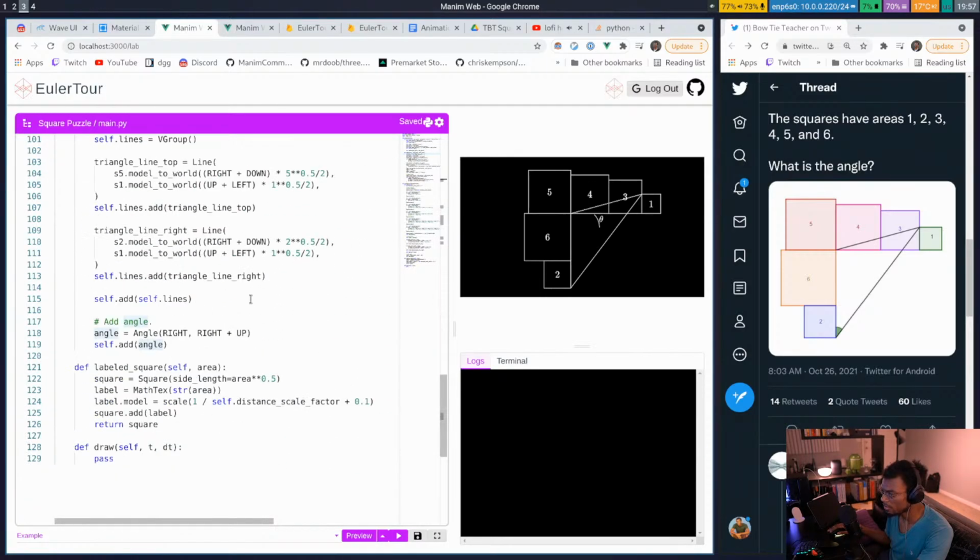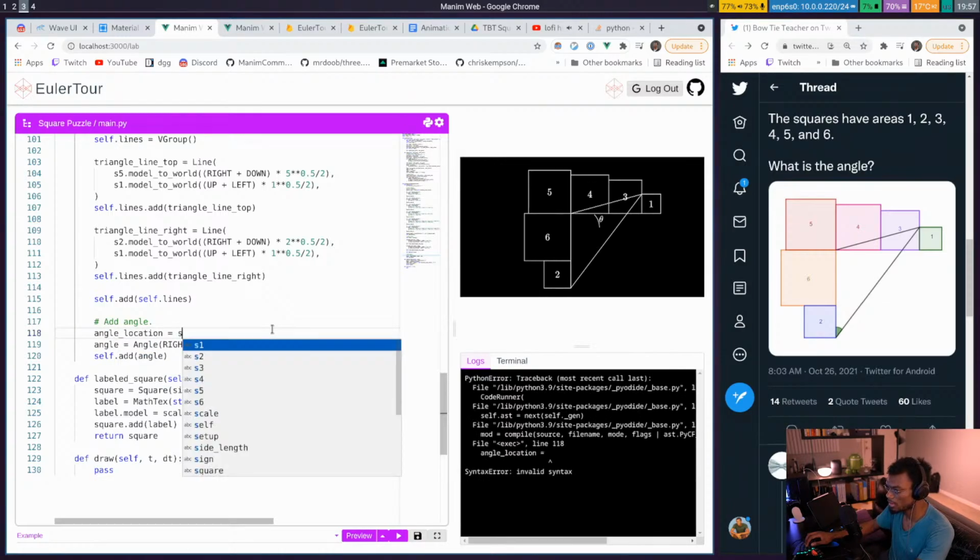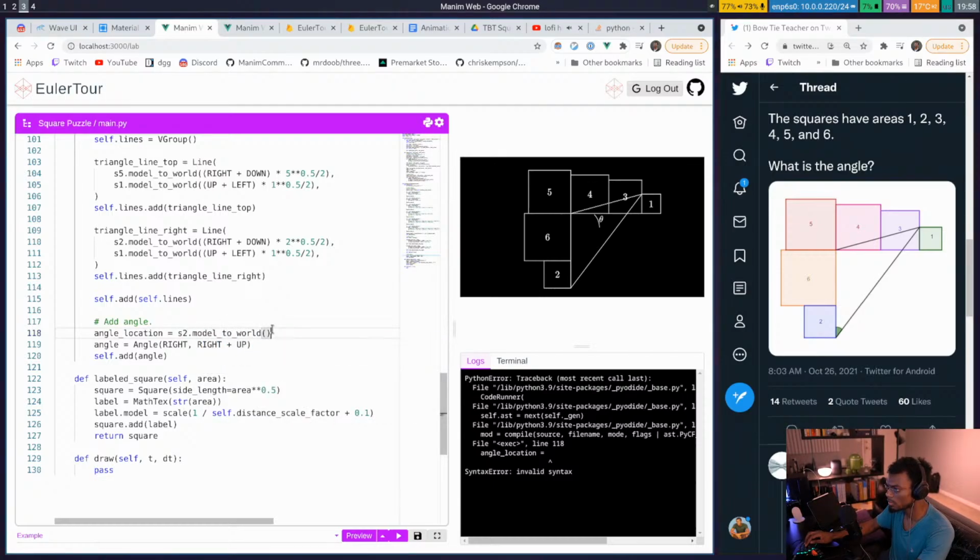So now all I should have to do is move it to the right place. So that's the angle. Let me say angle location. That's s2 dot model to world, right plus down times 2, square root of 2 over 2.